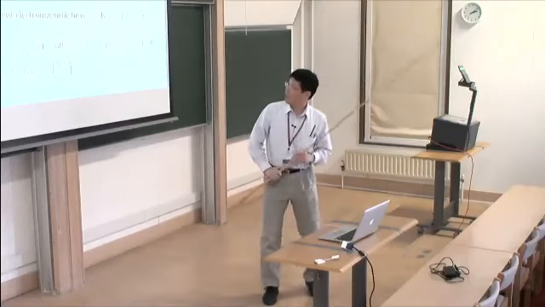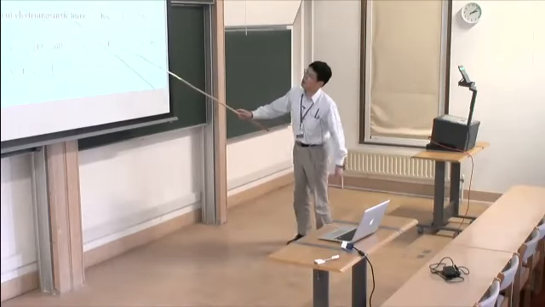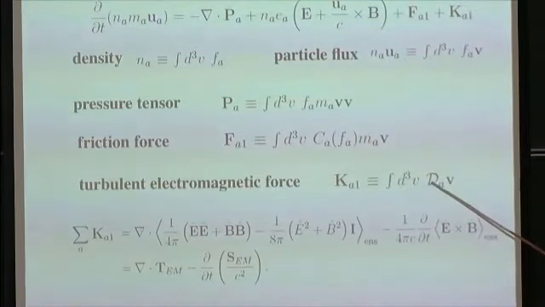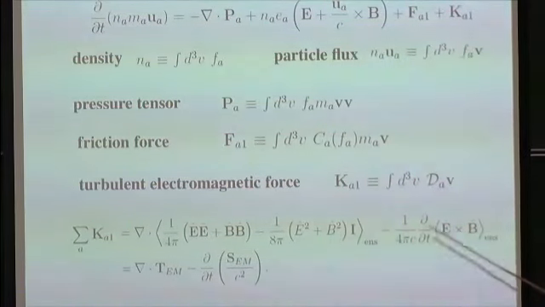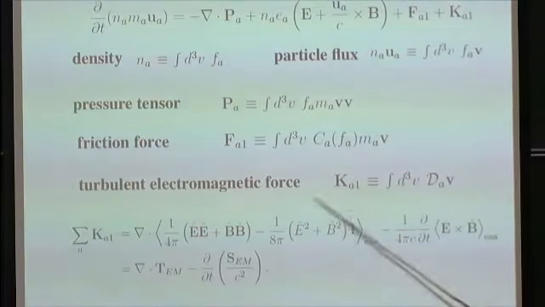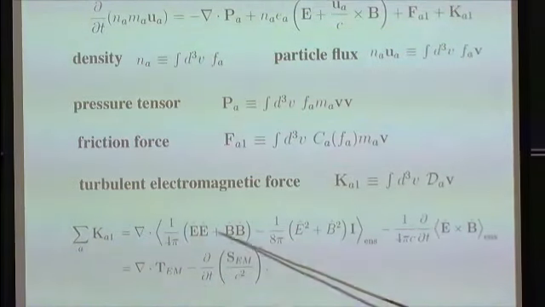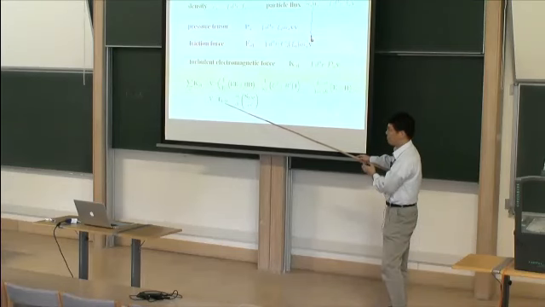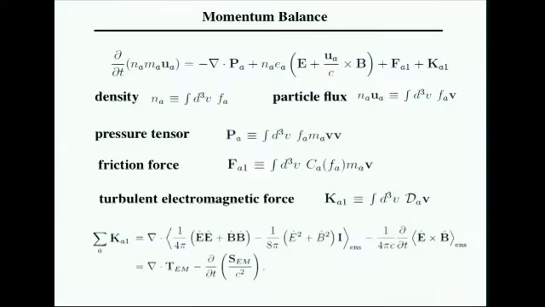Okay, and also this friction electromagnetic force term is also coming from this D. And if we use Maxwell's equation, this is also written in this form using the turbulent electromagnetic stress tensor, and also this S representing the turbulent electromagnetic Poynting vector. Okay.